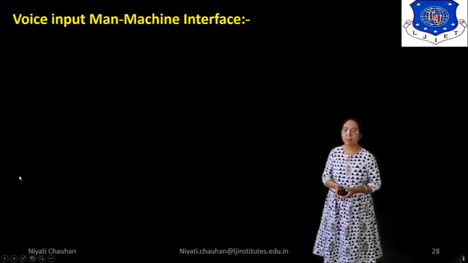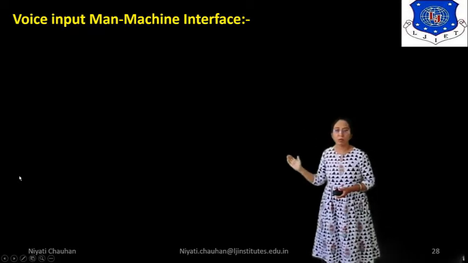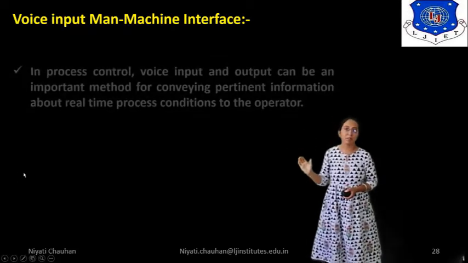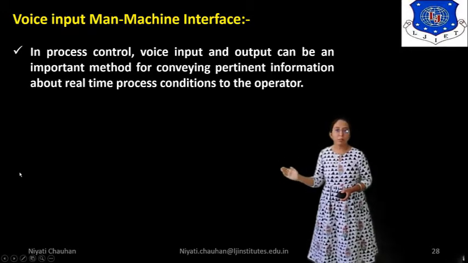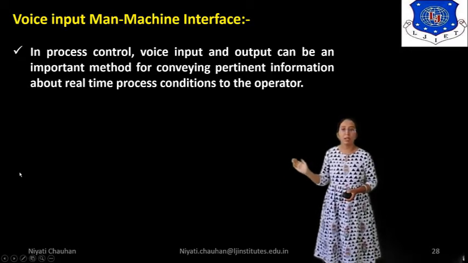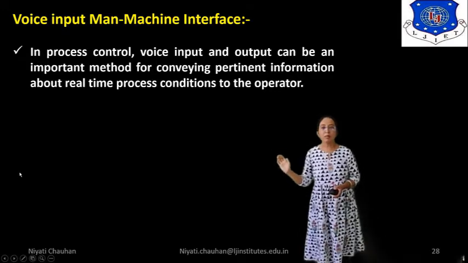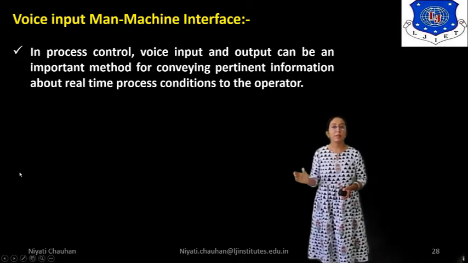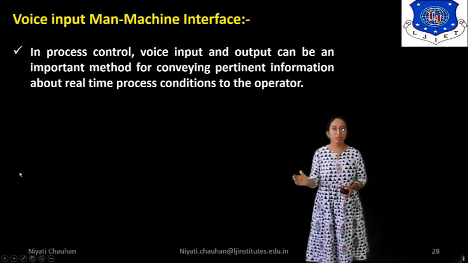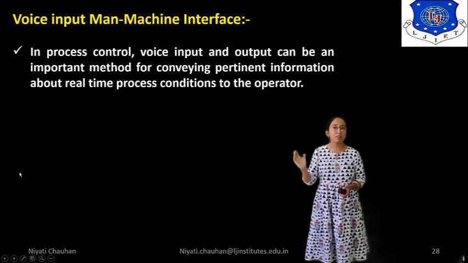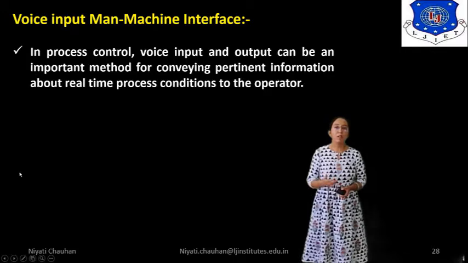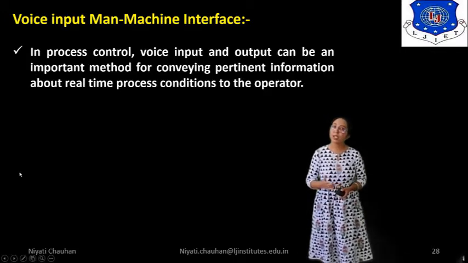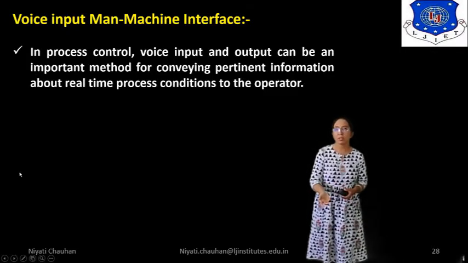Next is voice input man-machine interface. In process control, voice input and output can be an important method for conveying pertinent information about real-time process conditions to the operator. Through voice input and output, we can provide information easily.